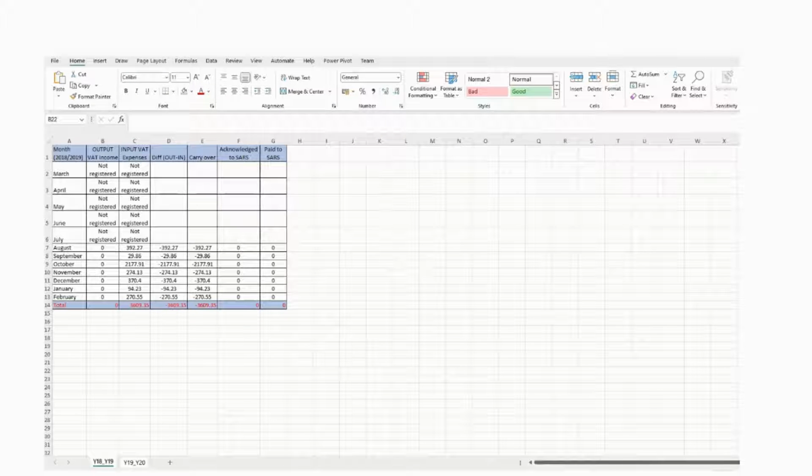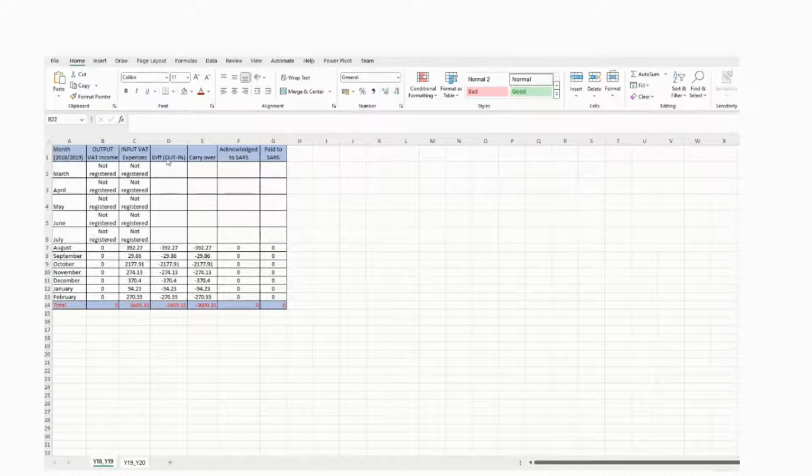So what I did when I started is I created an Excel sheet where I would have a column for month, what is my output VAT, that's the income that I get, and then my input VAT, what is the expenses, so that I can each month see what the goods or services that I sold versus the expenses of purchasing goods or expenses to produce those services.